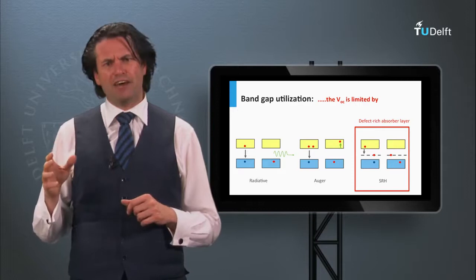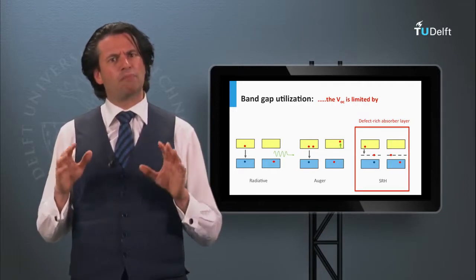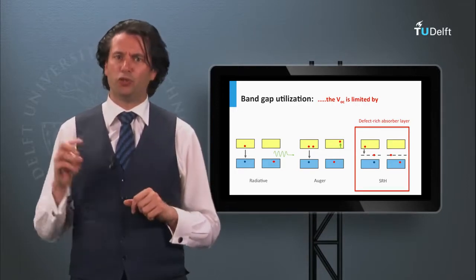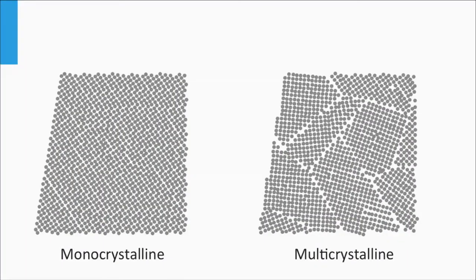In view of defects in the bulk of silicon, we can make a general difference between two types of silicon wafers: monocrystalline silicon and multicrystalline silicon, also called polycrystalline silicon.